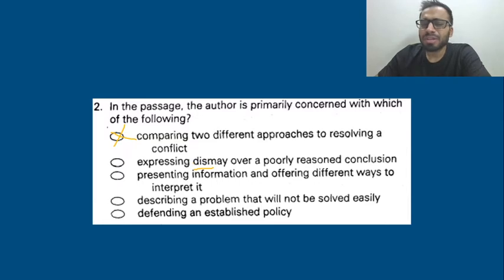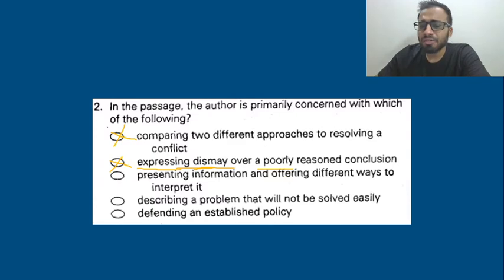I can eliminate this because I know that the author was slightly skeptical, but in the end, the author ended on a positive and optimistic note. This answer option does not express any optimism of the author at all. This is again extremely negative. So I'll eliminate option B.